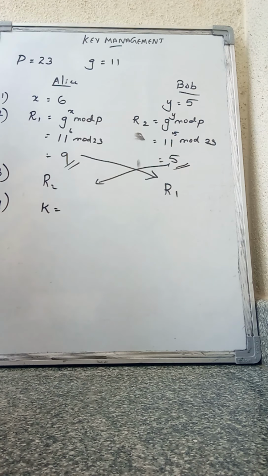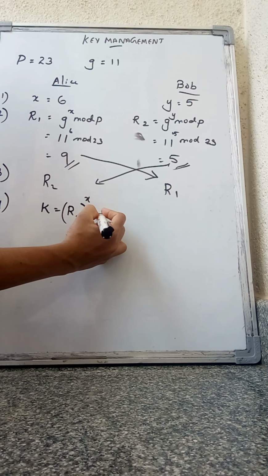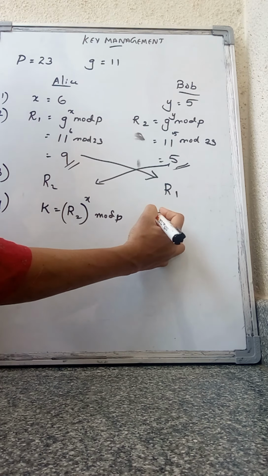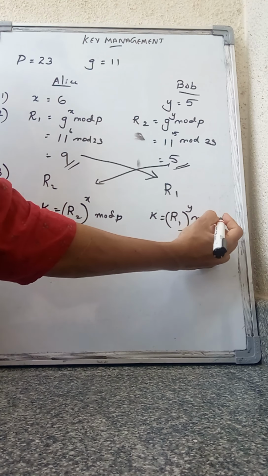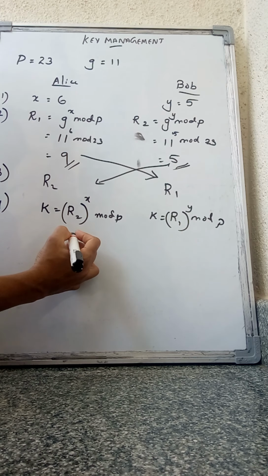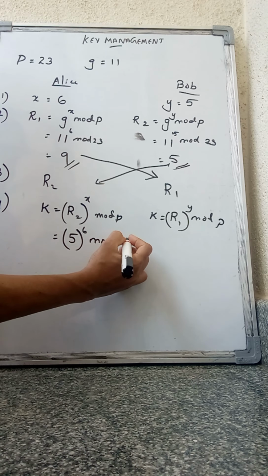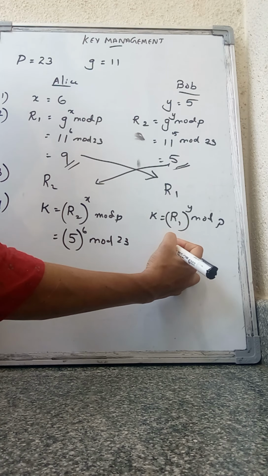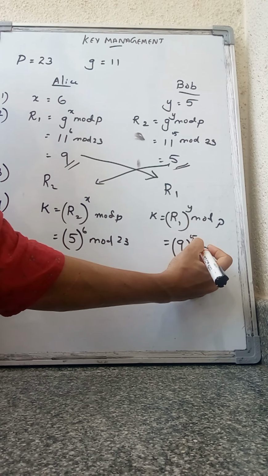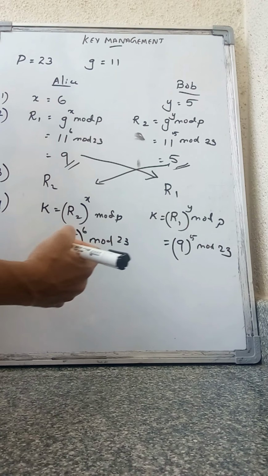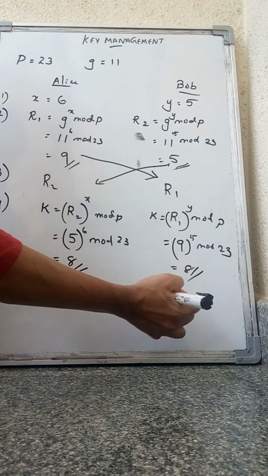K is equal to R2 raised to X mod P, and also K is equal to R1 raised to Y mod P, which is 5 raised to 6 mod 23 on one side and 9 raised to 5 mod 23 on the other. Do it in a calculator and you will get 8 and 8.